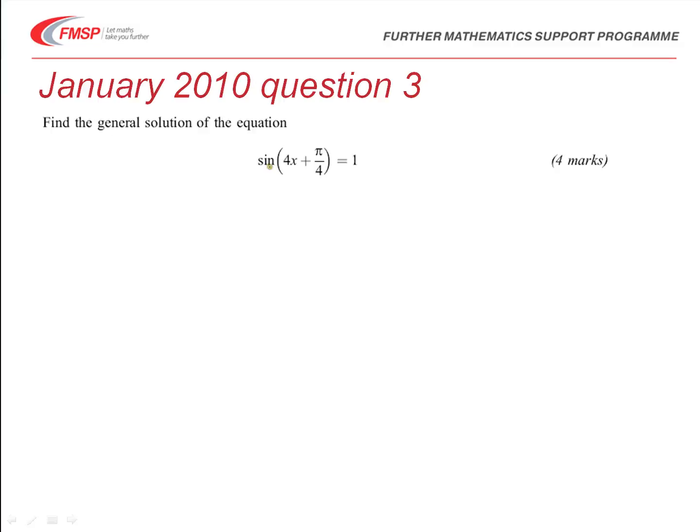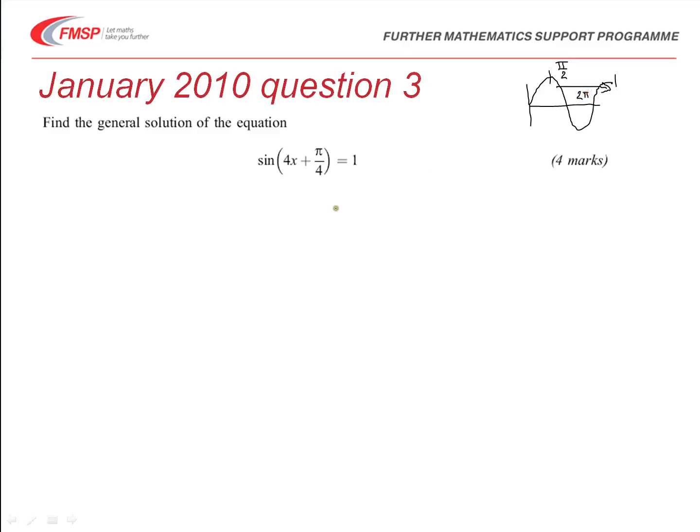So if we've got the sine being equal to 1, we need to remember that on a sine graph it starts off by going up to 1 and then back down and then continues, and that this first value where 1 occurs is at pi by 2, and then because of the period of the curve being 2 pi, we know that this repeats every 2 pi.